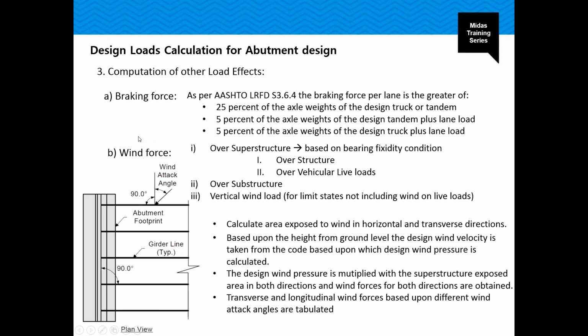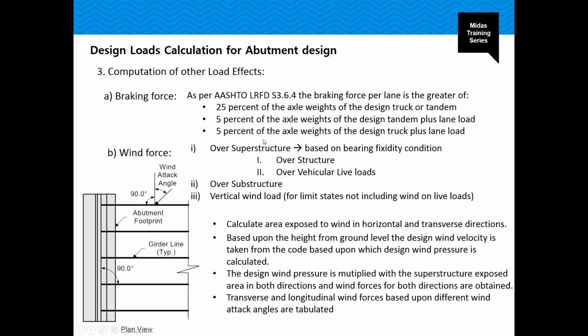Then for the wind force, again, if the bearings are fixed, we'll have to consider the longitudinal forces from superstructure. But anyhow, we need to consider the transverse forces from the superstructure. So again, it depends on the direction of wind.